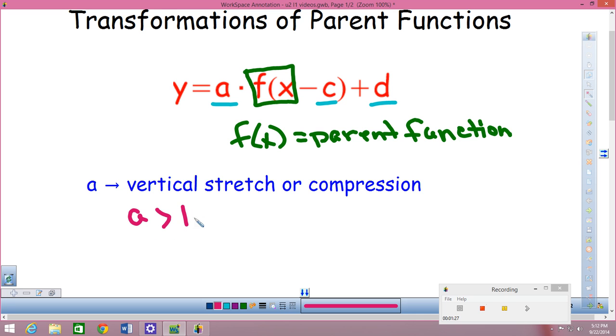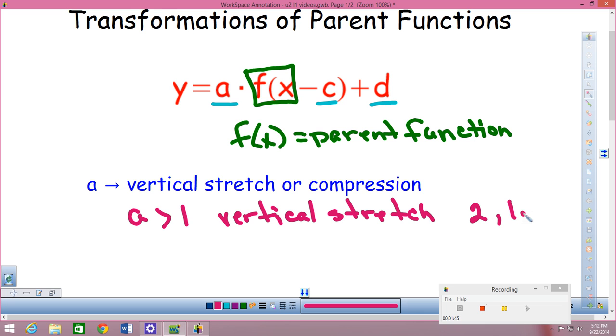Okay, so if a is greater than 1, then my graph has a vertical stretch. Numbers greater than 1 could be 2, 1.5. Anything greater than 1 is going to cause that function to have a vertical stretch.